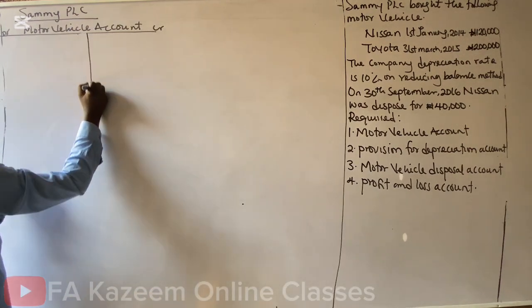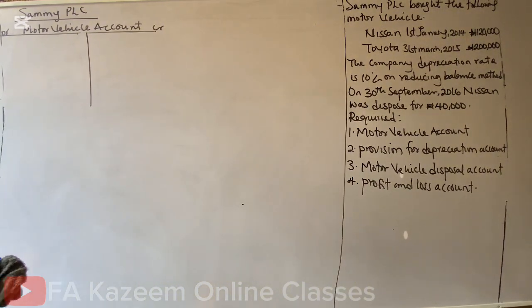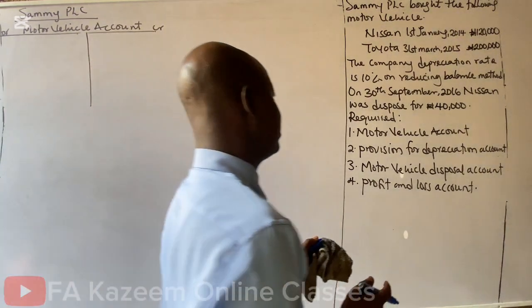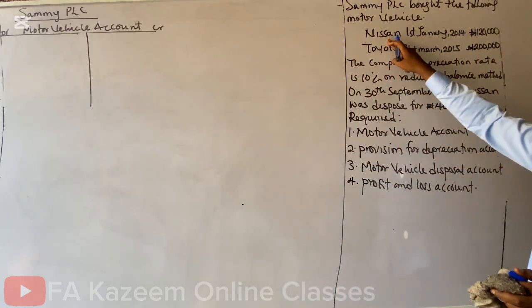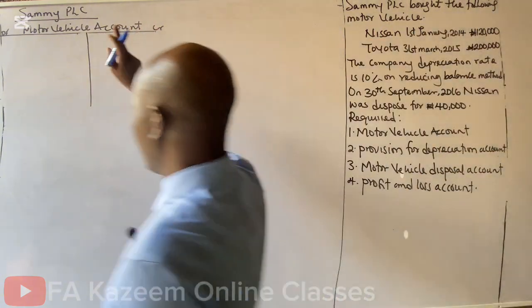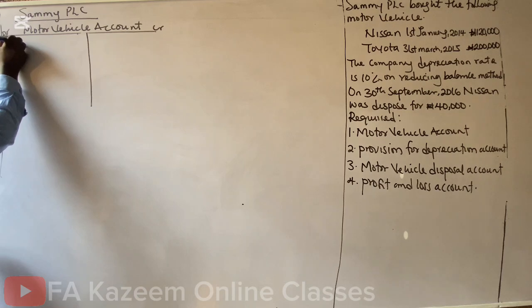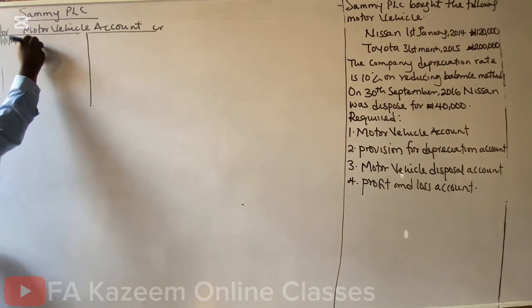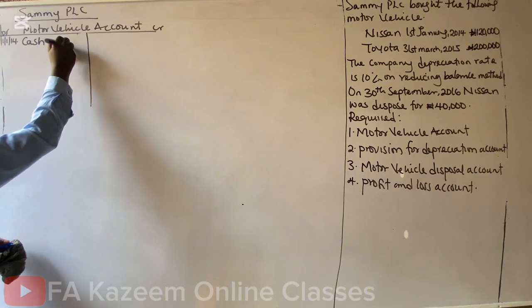That's the first account we want to look at. How do we prepare this? Looking at it, the first vehicle that was acquired was Nissan on 1st of January 2014. We'll come here and say 1st January 2014. We'll assume that we bought the Nissan by cash for how much?